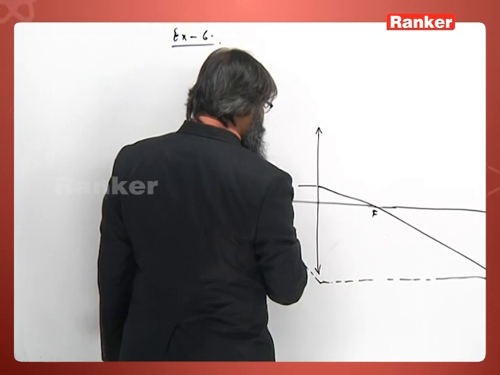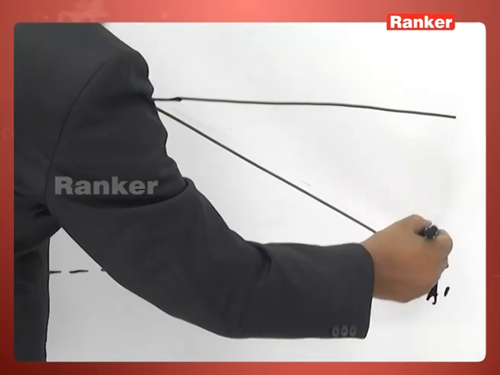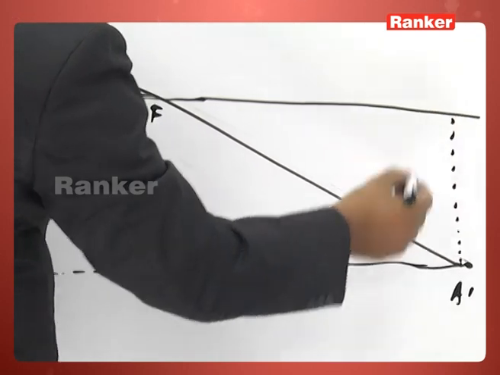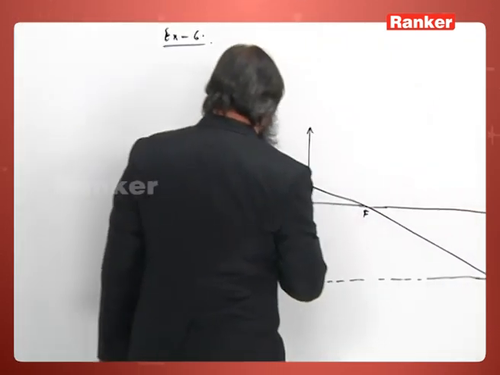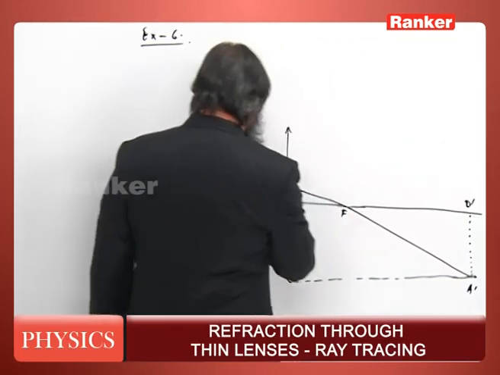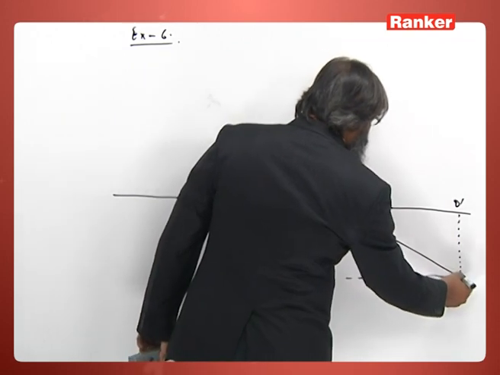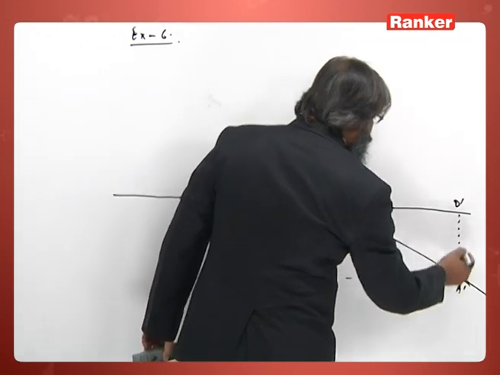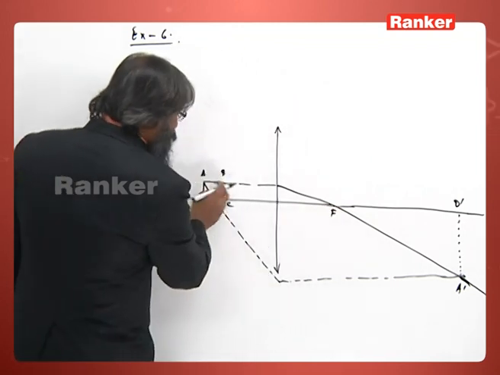What about this D? This ray is going, so if I draw a perpendicular here, then this is A dash and D dash. So this line A dash D dash will be formed here, and this ray goes like this. So we will see later on about the whole space.